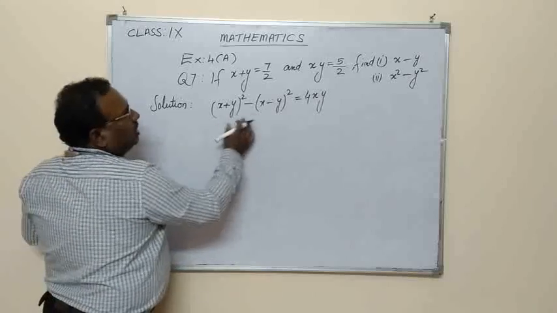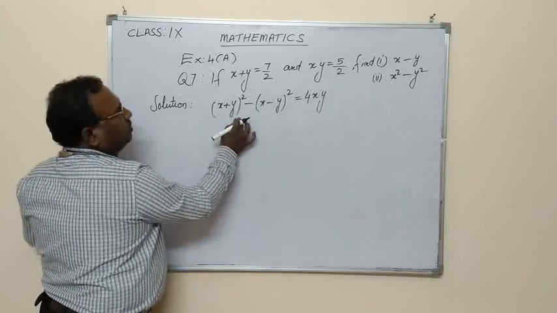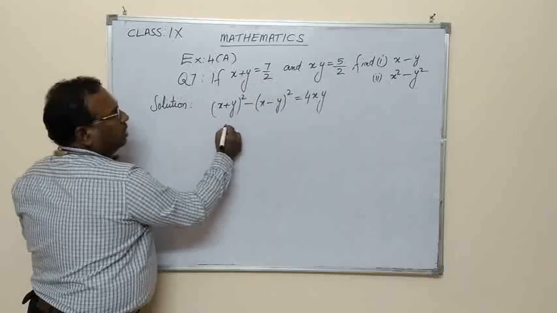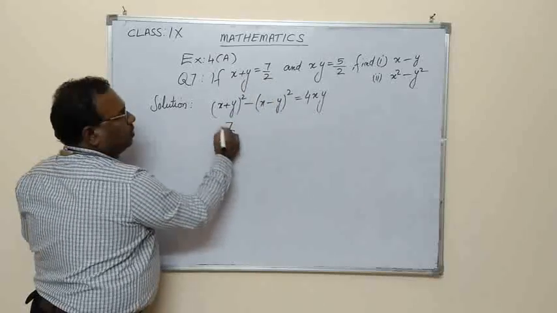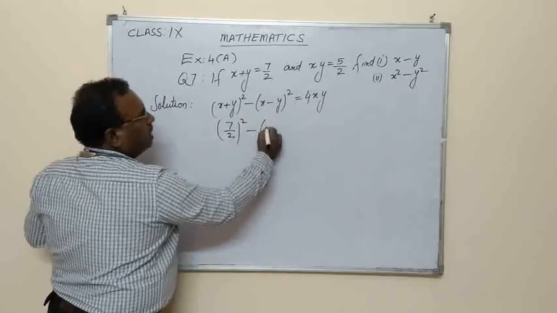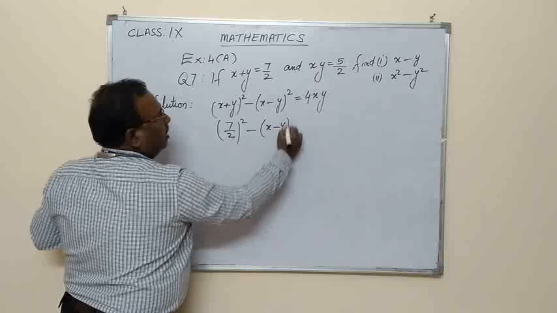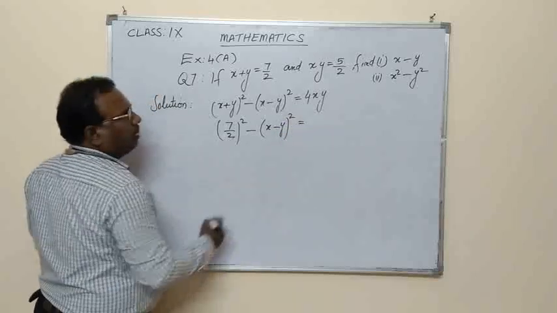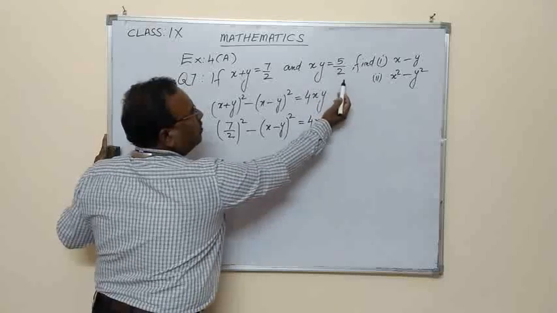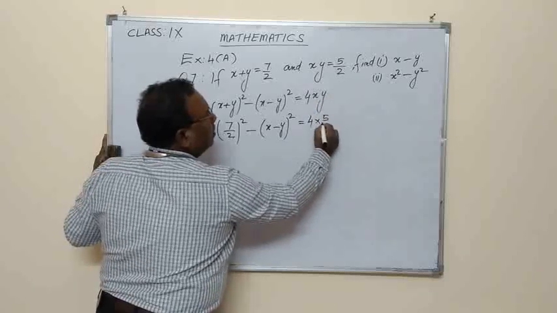Now let us substitute the given values. X plus y is equal to 7 by 2 given in the question. So it becomes (7 by 2) whole square minus (x minus y) whole square equal to 4 into the value of xy, which is 5 by 2.